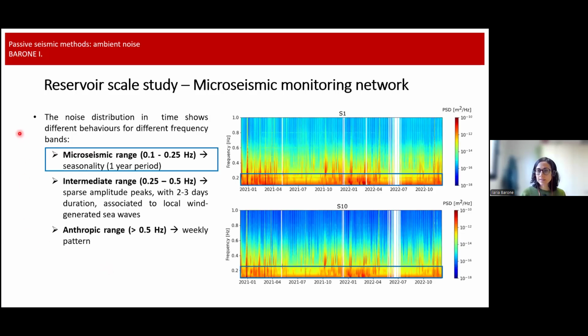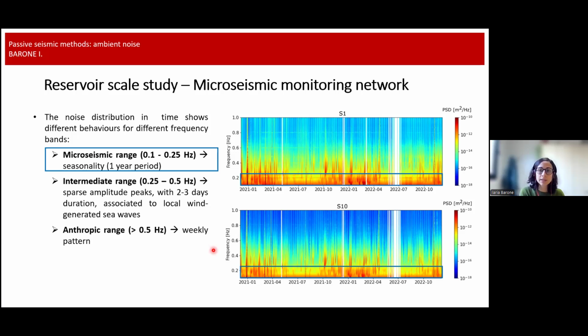First of all, we did some preliminary analysis of the ambient seismic wave field. In particular, we have computed spectrograms for the 2 years for the different stations. And here you have a station placed on the surface and one in the shallow borehole, and you see that they show more or less the same behavior.